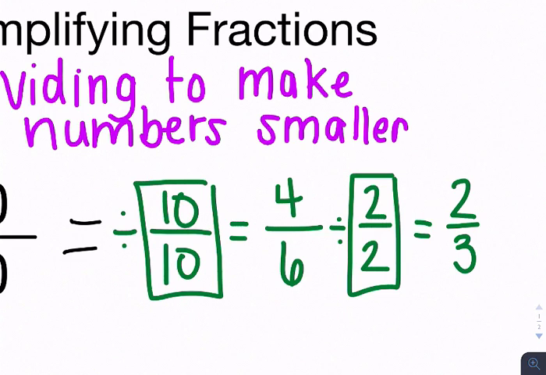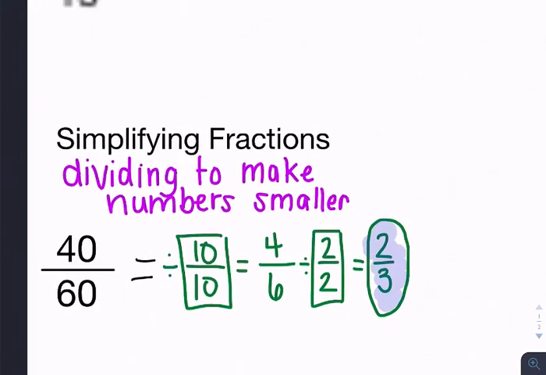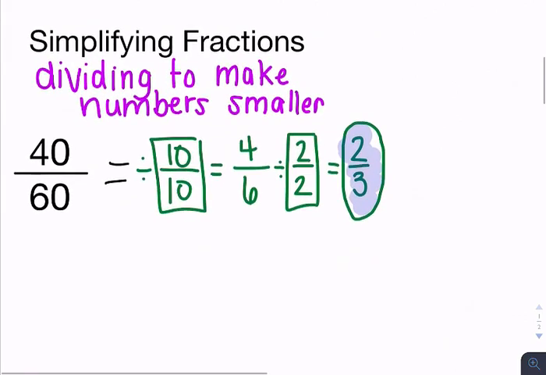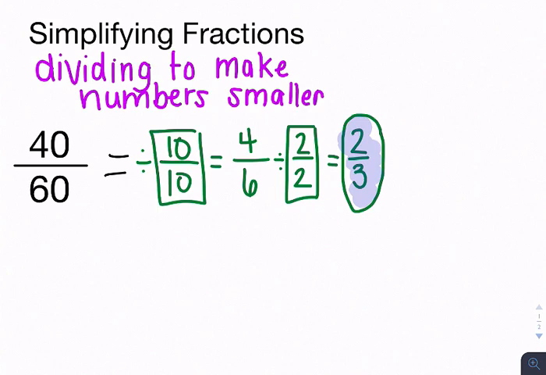Now I have 2/3. And the only thing that goes into both 2 and 3 evenly is 1. And if I divide by 1 over 1, that's not going to change anything. So my final answer is 2/3. So 40/60ths is the same as 2/3. Those are equivalent fractions that have been simplified.